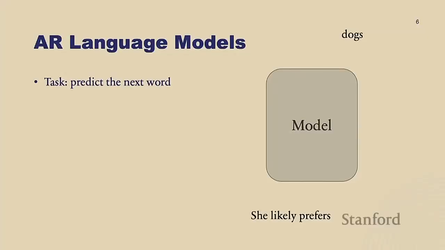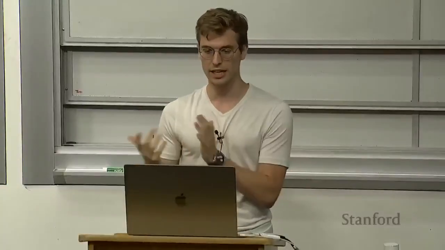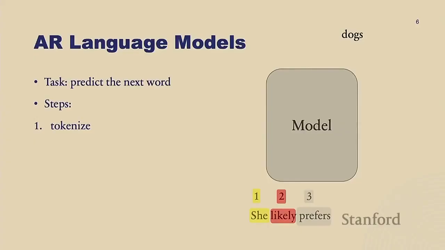At a high level, the task of an autoregressive language model is simply predicting the next word, as I just said. If you have a sentence like "she likely prefers", one potential next word might be "dogs". The way we do it is that we first tokenize. You take these words or subwords, you tokenize them, and then you give an ID for each token. So here you have 1, 2, 3.